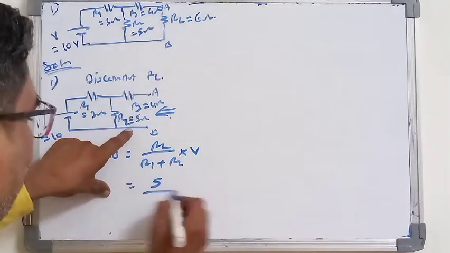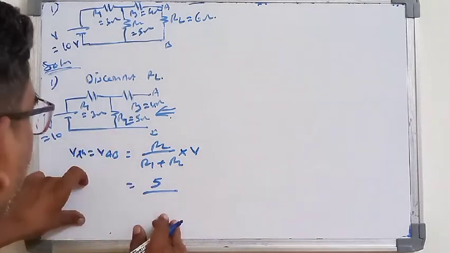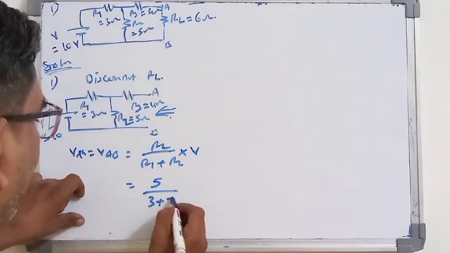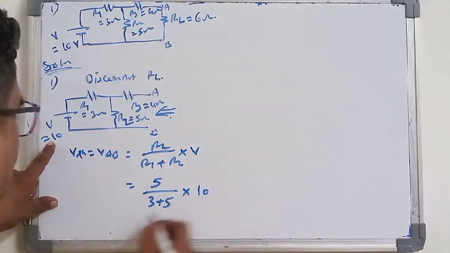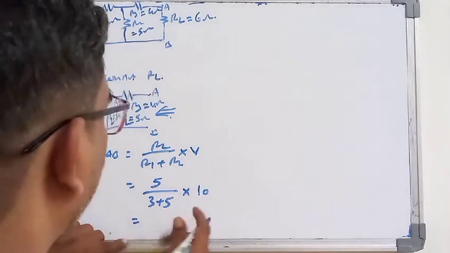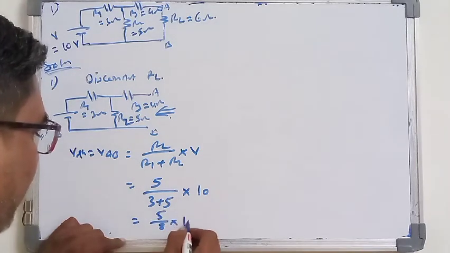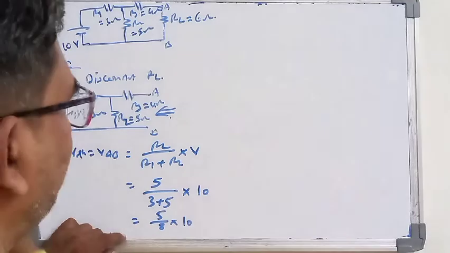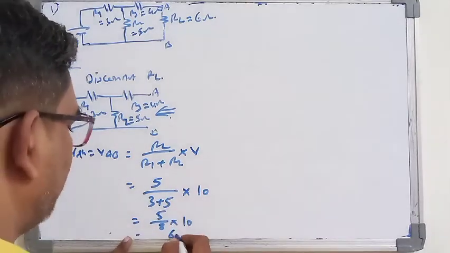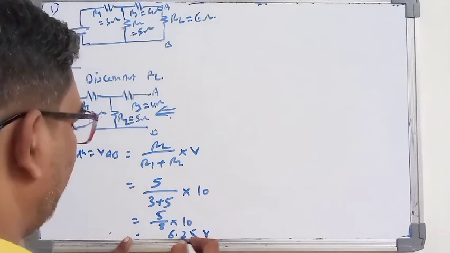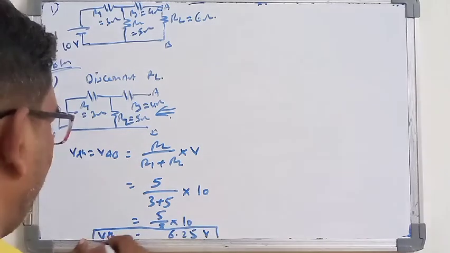It is 5 divided by R1 plus R2, 3 plus 5, multiplied by the voltage 10. So you will be getting 5 by 8 into 10, 5 by 8 multiplied by 10. So you will be getting 6.25 volt. Okay, so VTH is equal to 6.25 volt.